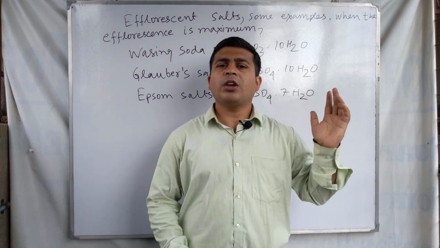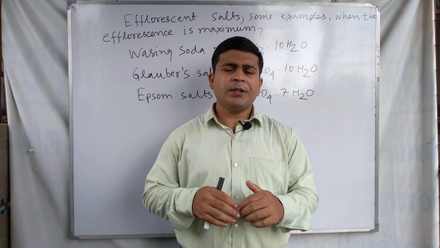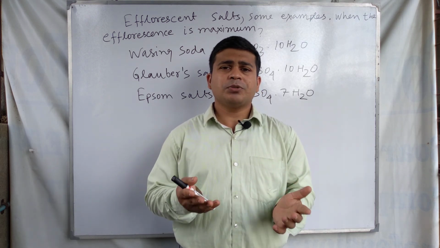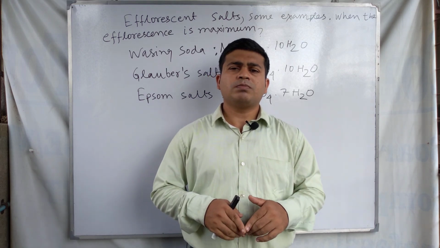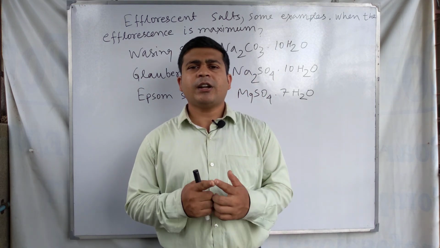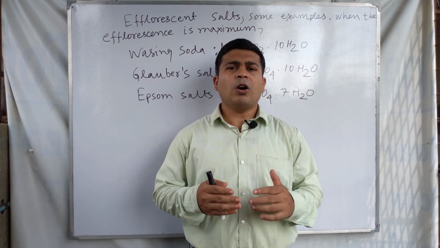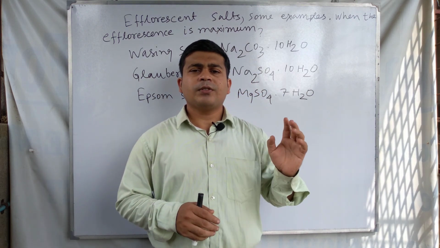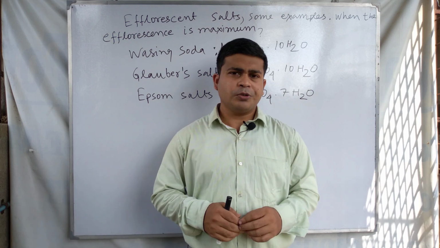That time this efflorescence occurs at a faster rate, and in dry weather, when the atmosphere is dry and the temperature of the atmosphere is high, that time you can find more efflorescence occurring at room temperature. Okay, so those are the two main conditions for maximum efflorescence.